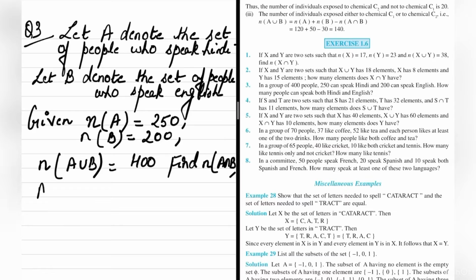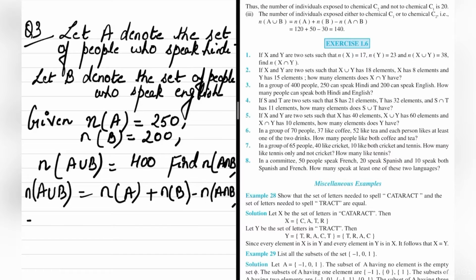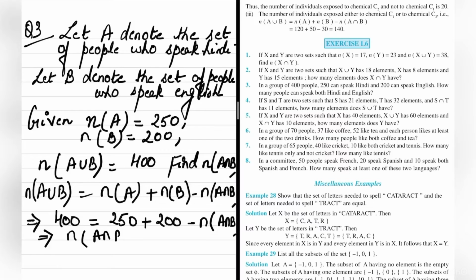Now we know that the number of elements in A union B, so we are using the formula n of A plus n of B minus n of A intersection B. So just plug in the values. So this implies 400 is equal to 250 plus 200 minus n of A intersection B. And from here you get that n of A intersection B is equal to 250 plus 200 minus 400.